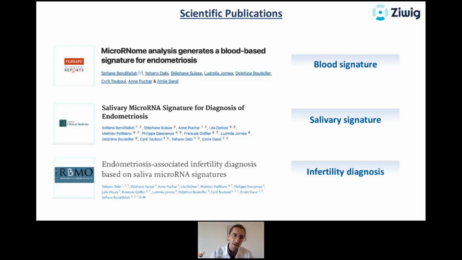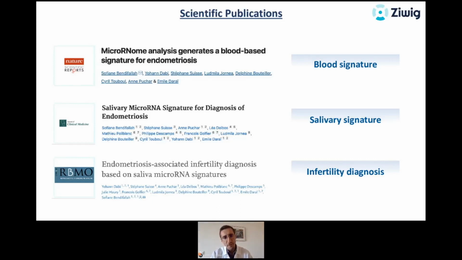Actually, there's a 98% area under the curve. And this means that the signature is actually able to stand alone as a diagnostic tool to diagnose endometriosis.